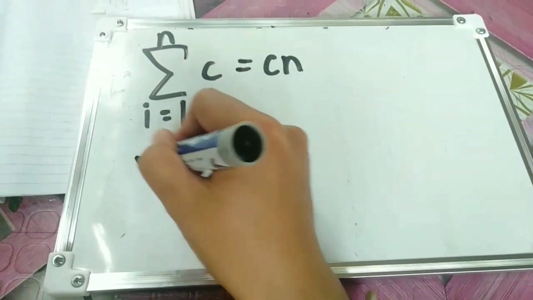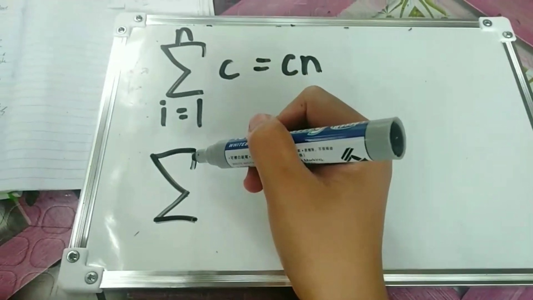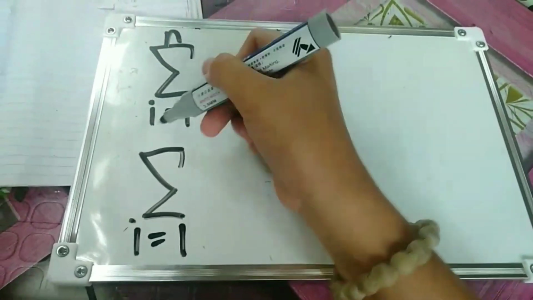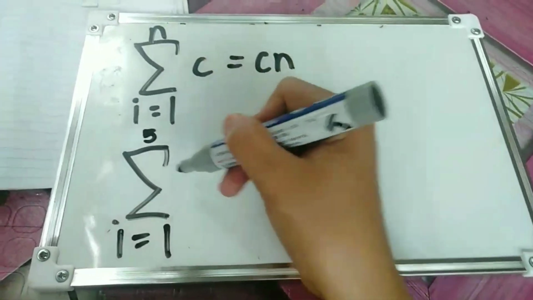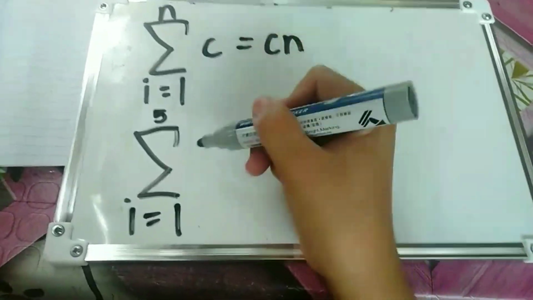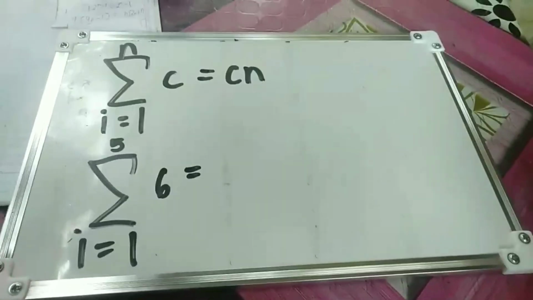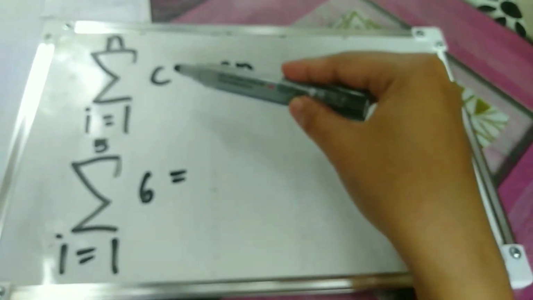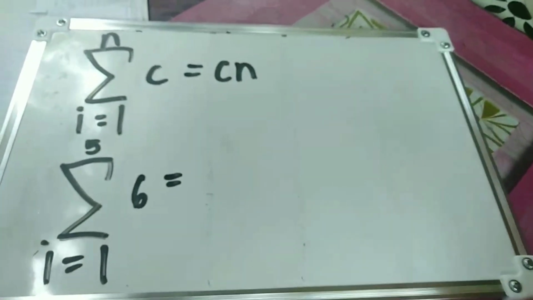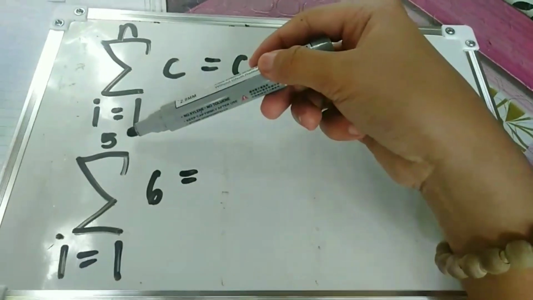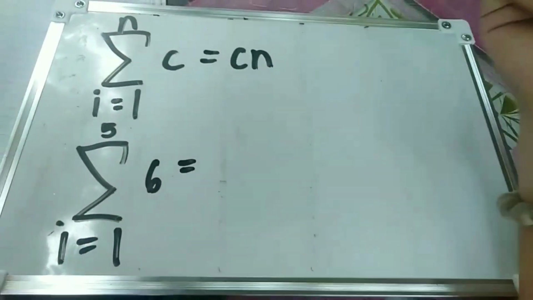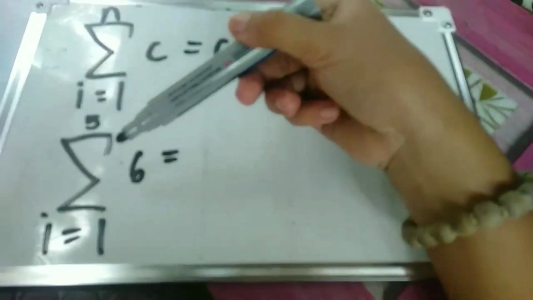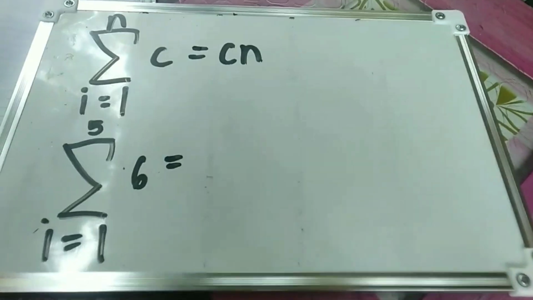So we write the formula and i equals 1. So example natin, ang n is 5 and the typical element c is 6. And now, walang kinalaman ang ating index of summation kasi c, typical element ang ating gagamitin. So ang gagawin lang natin dito is i-compute. Kailangan natin gumamit ng add dahil ang summation is the add formula.